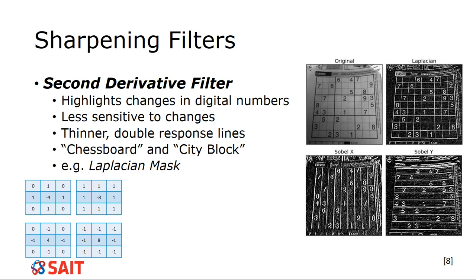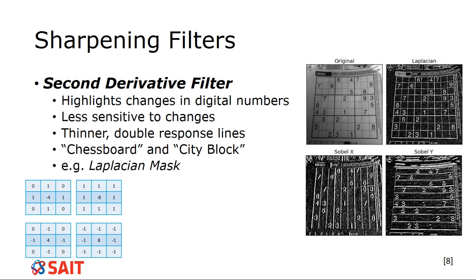The second derivative filter is a little bit more refined, but it does pick up a lot more noise. It highlights all the changes in the digital numbers. It's a little less sensitive to change, but it is more sensitive to noise. I know that makes it confusing.